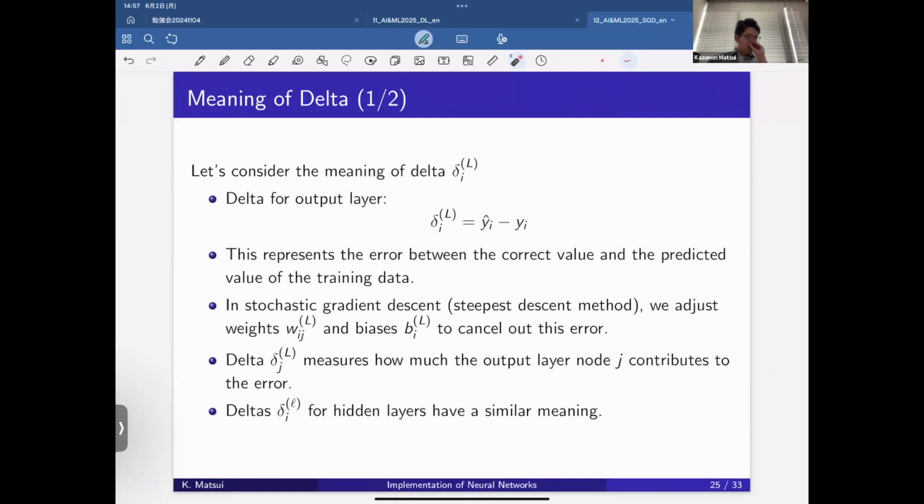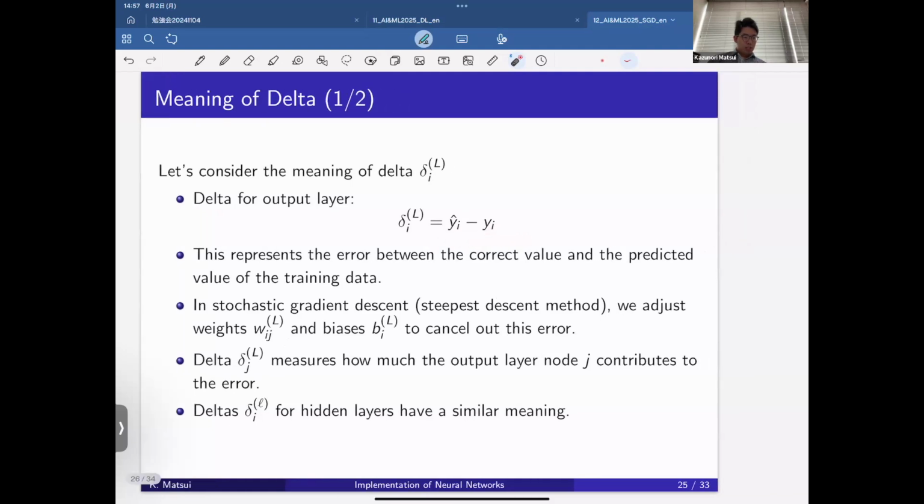In stochastic gradient descent, we correct weights and biases to cancel out this error. Actually, this delta measures how much the output layer node contributes to the error. Delta for hidden layers has a similar meaning.